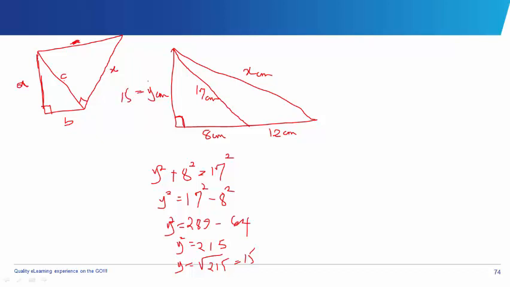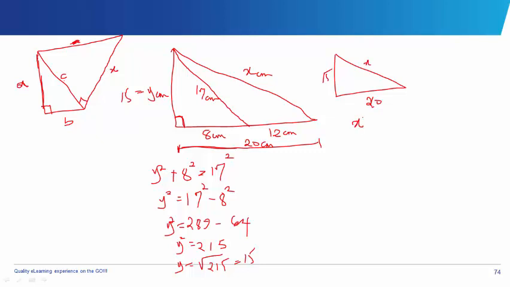Now that we have y as 15, we can easily find x, because y here is 15 and the total length of this new triangle base is 20. So in our new triangle, we have this base to be 20 cm, that's 8 plus 12, and this as 15. So let me draw it out this way. I have 20 and 15, and we're told to find x.